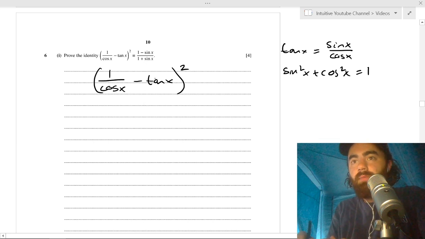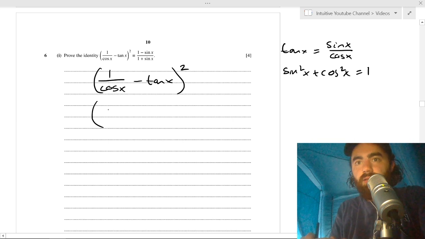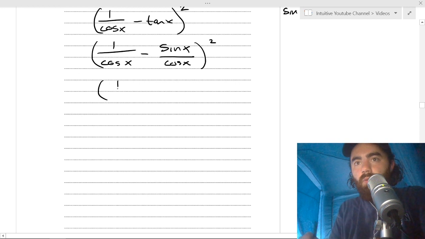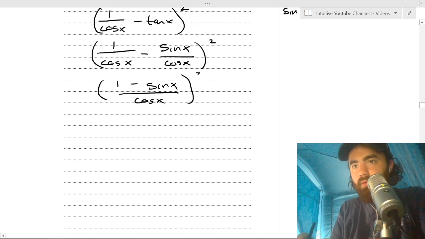I can see immediately that changing this to sine over cos will be very helpful because we can then merge these fractions. So I'm using this, and I get 1 over cos of x minus sine of x over cos of x, squared, which becomes 1 minus sine x over cos of x, squared.